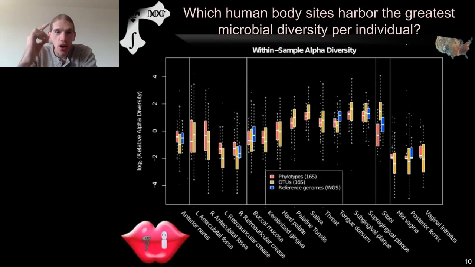And the box plots, the vertical range of each box, summarizes the span of alpha diversity across the 300 individuals in this healthy population. The 3 different colors represent both our 2 different data types, amplicon or 16S sequencing, and metagenomic or whole genome shotgun, WGS as it's summarized here, metagenomic sequencing.